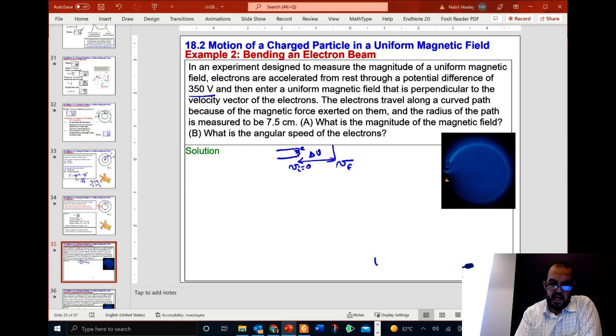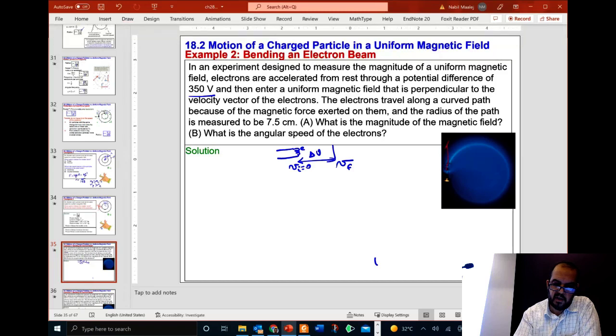Then it goes through a magnetic field. It enters a uniform magnetic field that is perpendicular to the velocity vector of the electron. So let's assume the velocity vector is like this. Let me use another color.